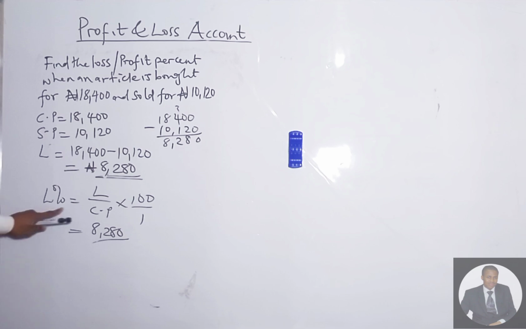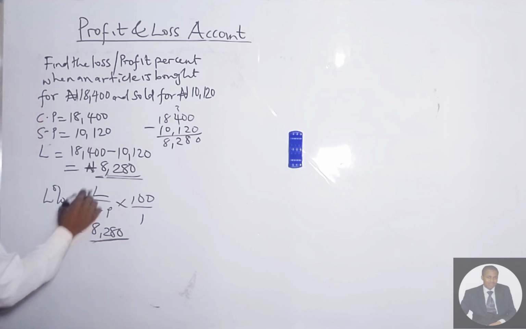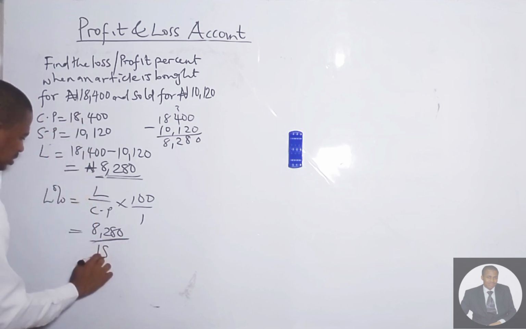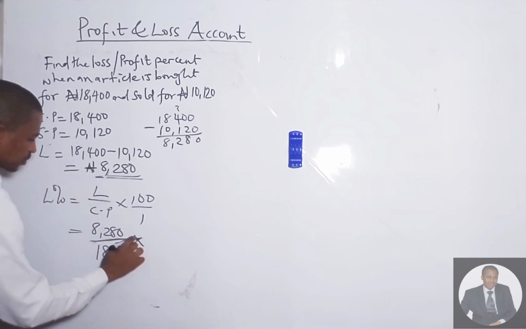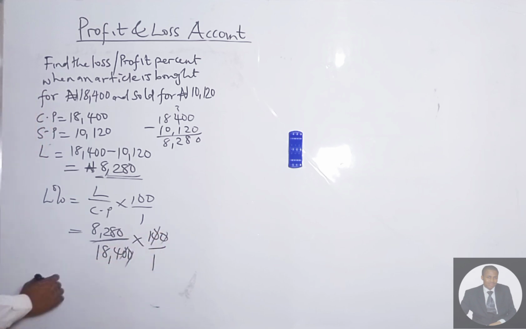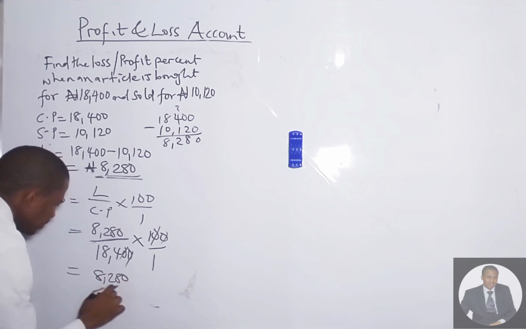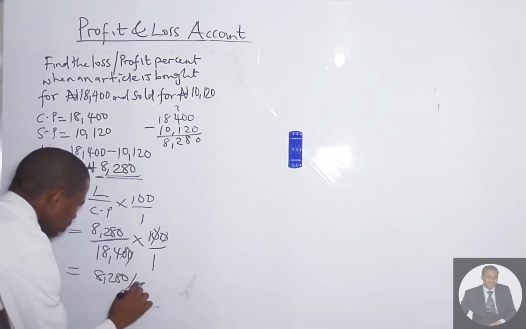So the loss percent will be loss over cost price times 100 over 1. The loss will now be 8,280 over cost price. What's the cost price? The cost price here is 18,400 times 100 over 1. These two zeros will cancel these two zeros. So what we have will be 8,280 divided by 184.